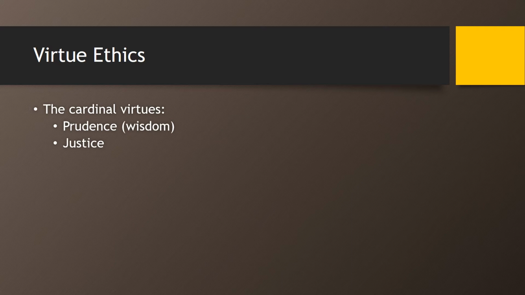Then there's temperance, or self-control, and this is not just in regards to, say, drugs or alcohol, but also in terms of your sex drive, that you don't act in such a way that it's not self-control when it comes to sex, or your anger. This was very important for the Greeks. If you're familiar with the story of the Iliad, it was his lack of self-control which led Achilles to act out in such a way that caused a lot of problems.